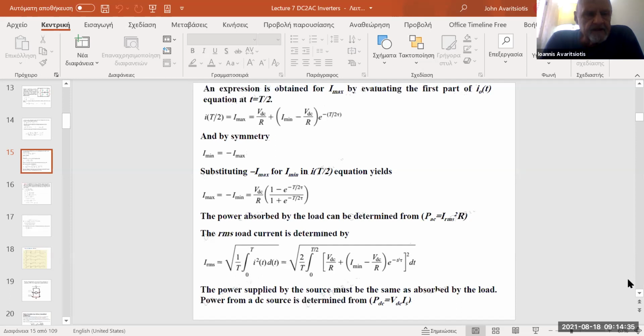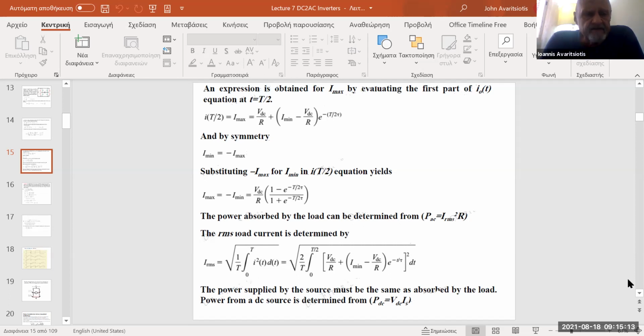where again, I repeat, just to remind you, I max and I minimum are the values of the current flowing through your load at the output of the inverter. So we get again a rather complex formula from which we can calculate the values of I max and I minimum when we know the DC voltage of the DC power input voltage source.